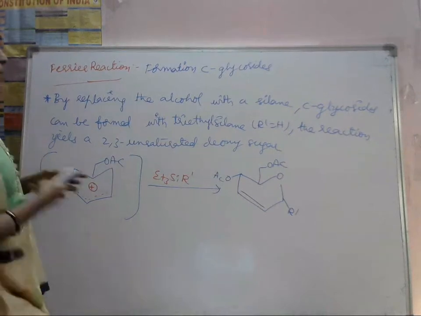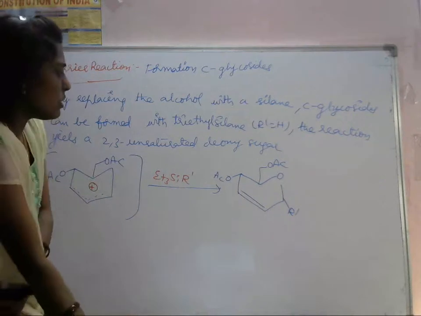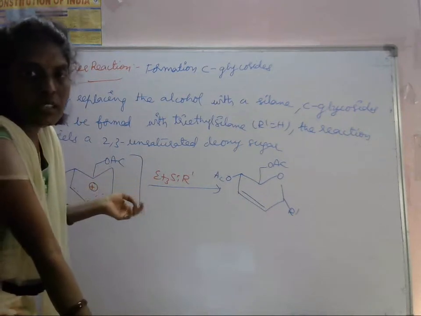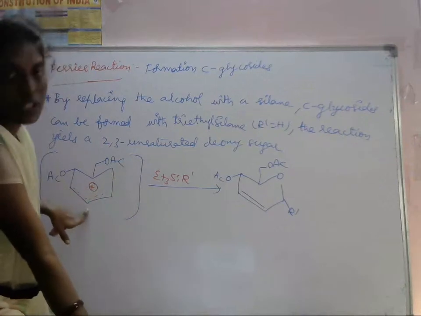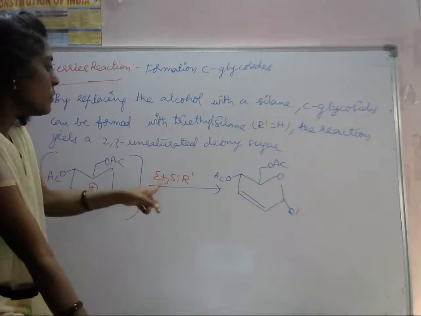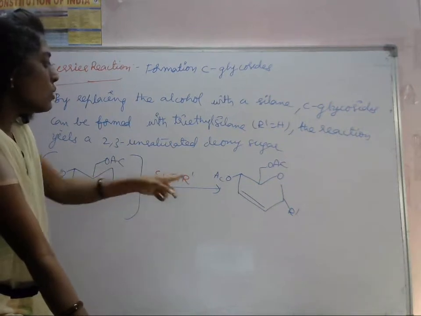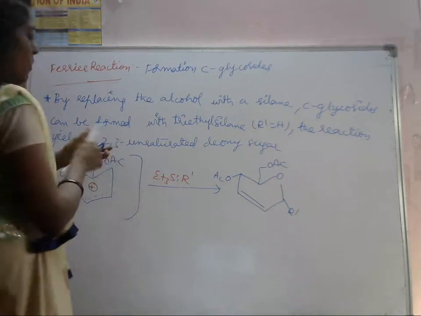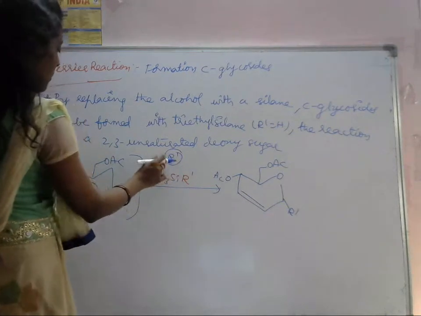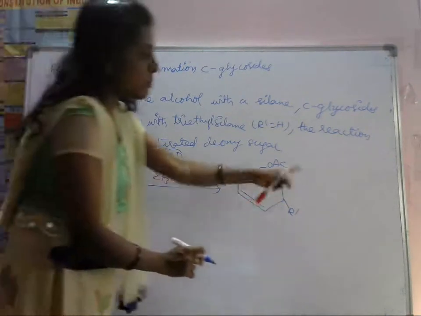After reacting with the Lewis acid, this structure will be formed. If it is treated with triethylsilane, this R1 is a nucleophile here. Thus this R1 attacks this position and forms this product.